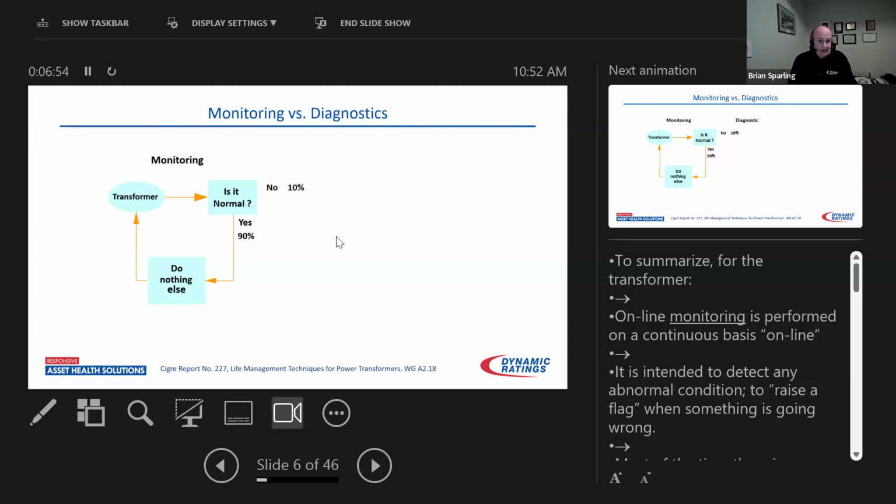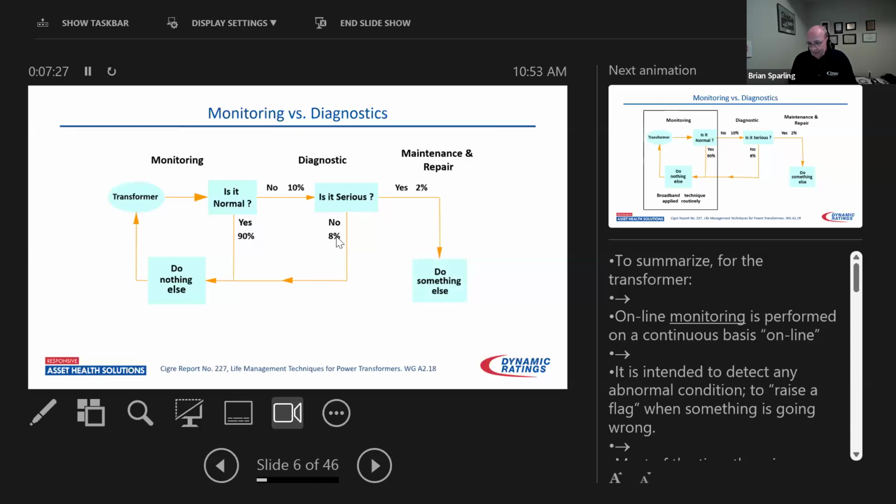10% of the time, the answer is no. There's some anomaly that's present. And this is where diagnostics comes in to answer the question: is it serious? Yes or no? When we say no, it means something is going wrong that can be fixed on site, perhaps taking an outage to do some fixing, like a bushing replacement or tap changer maintenance, things of that nature, and then carry on back to the monitoring. 2% of the time, it is major.